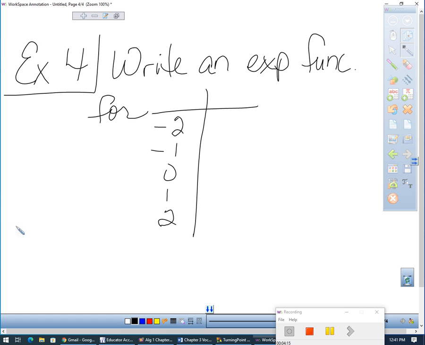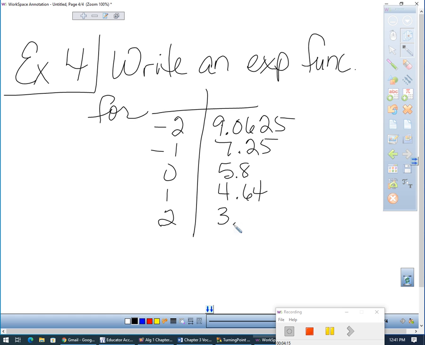And on this side, let's do 9.0625, 7.25, 5.8, 4.64, and 3.712. All right, if I want to write an exponential function, first of all, you can see this is decaying, right? It's getting smaller. We know it's going to be a decay.